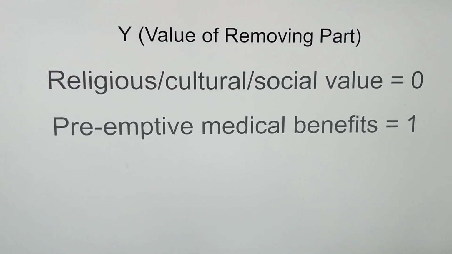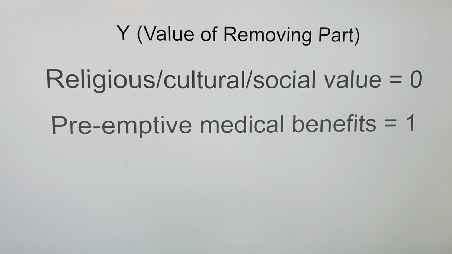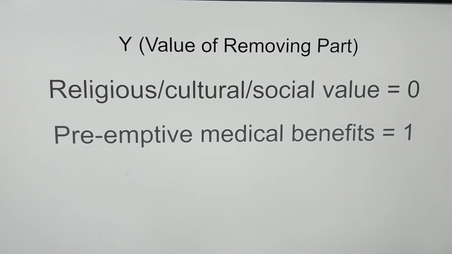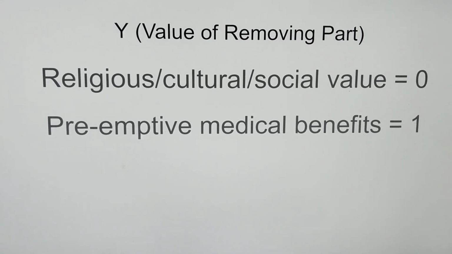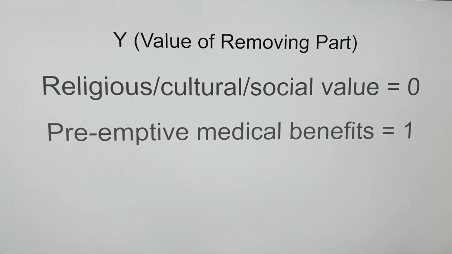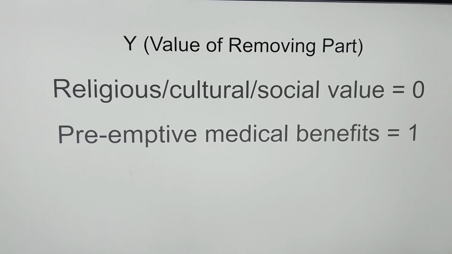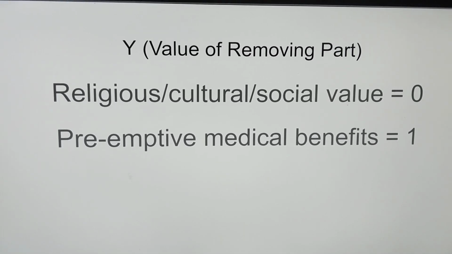I don't care. You can look at all the studies all you want that say it reduces HIV, it reduces chances of cancer, it reduces chances of UTIs, especially in the first year of life, blah, blah, blah. UTIs are the only thing that really matters when the person is a baby.